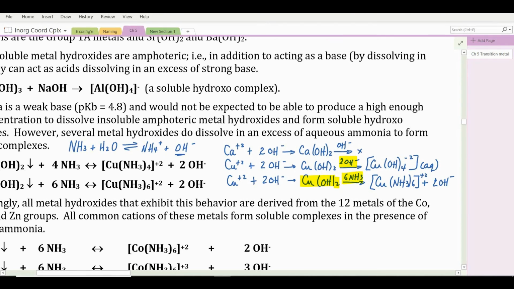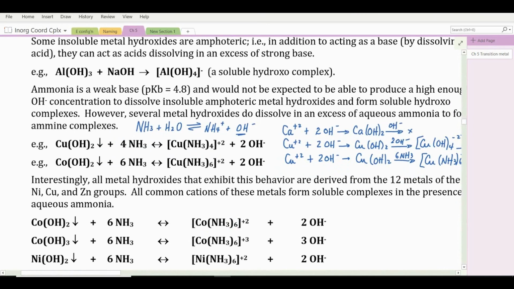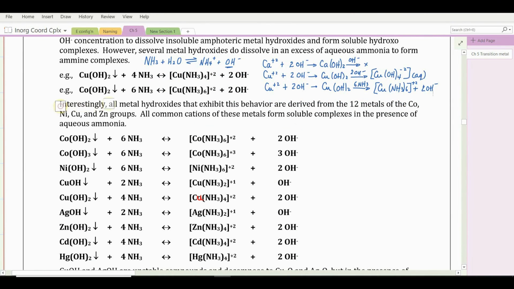It's not because ammonia is a strong enough base to produce enough hydroxide. It's simply that ammonia binds very strongly with transition metals and it displaces the hydroxides. Cobalt 2 hydroxide reacts with 6 moles of ammonia to produce hexaamine cobalt 2 ion, which is water soluble, displacing 2 moles of hydroxide.